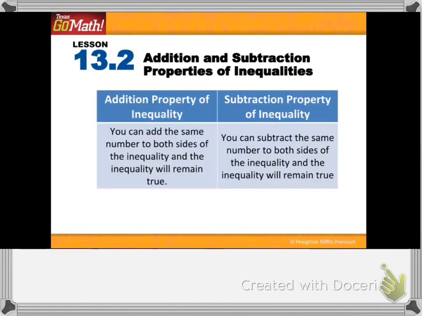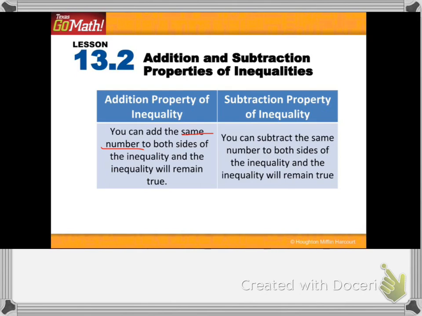So what you've got to keep in mind is we have these two properties, the addition property of inequality and the subtraction property of inequality. The addition property says that you can add the same number to both sides of the inequality and the inequality will remain true.